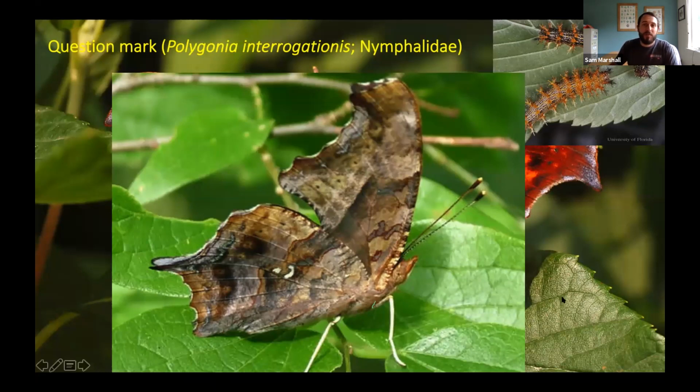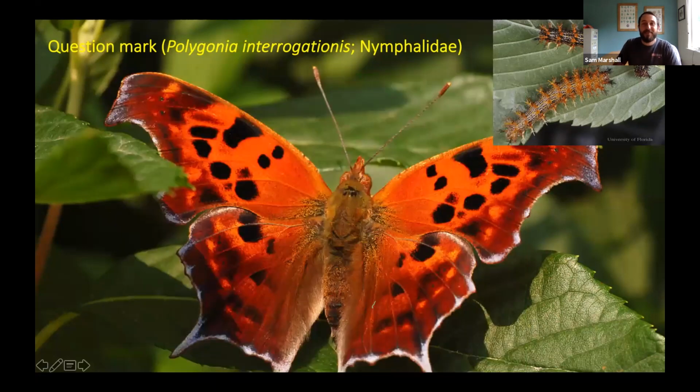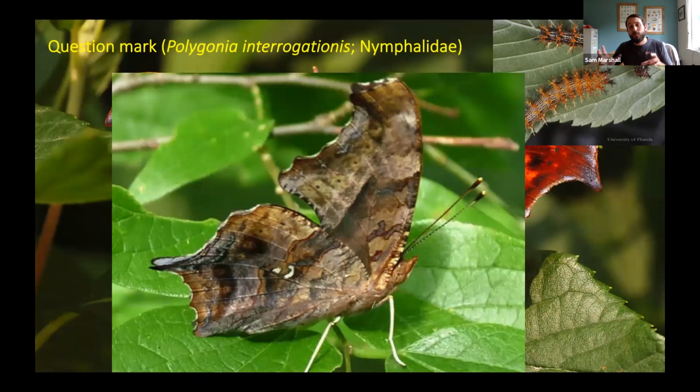There's also another species called the comma, and instead of the question mark, it has a comma on it. So if you're ever wanting to get this identified, then just look at the undersides there and it'll tell you what it is. So winter broods are brightly colored and orange, and then the summer broods undergo a period of sort of hibernation, it's called estivation, that occurs in the summer.